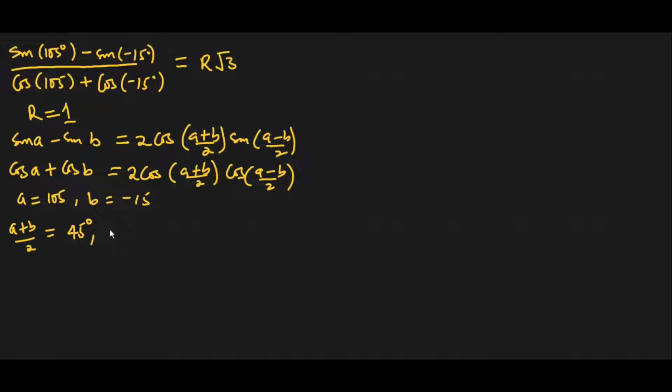And then you can see that A minus B, so this minus that, gives us 120, and then divide by 2. So A minus B over 2 is equal to 60, because this is 105 minus 15, that's 120 over 2.